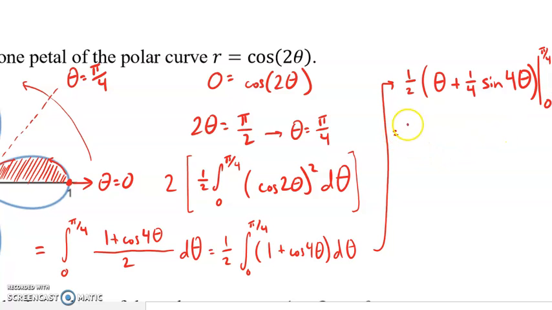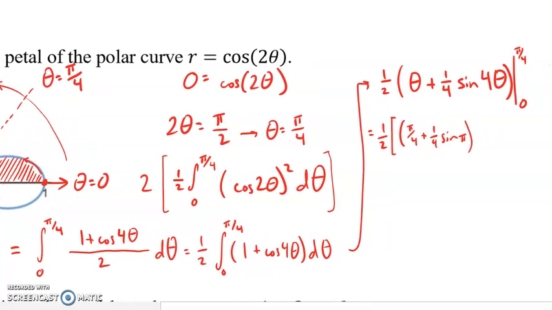So we've got 1/2 times pi over 4 plus 1/4 sine of 4 times pi over 4, which is just pi. And then we'll do the same thing with 0, and we'll get 0 plus 1/4 sine of 0.